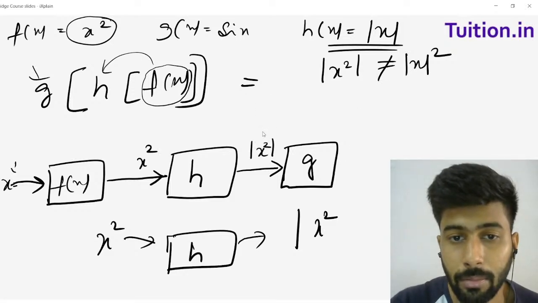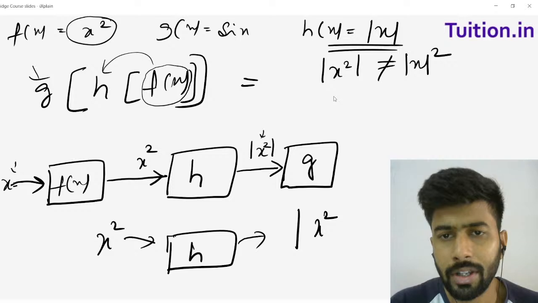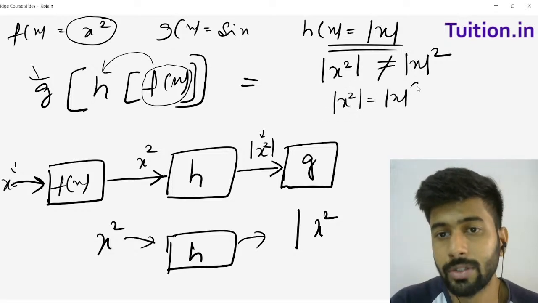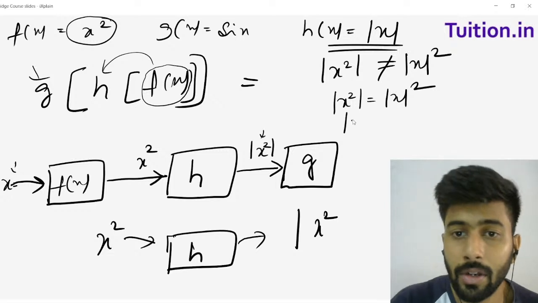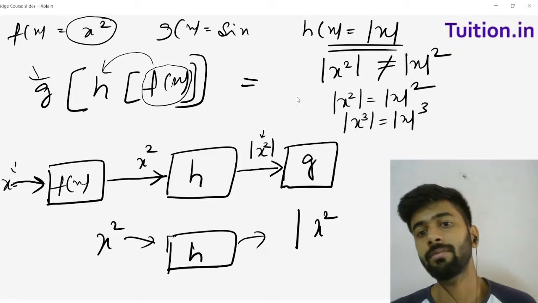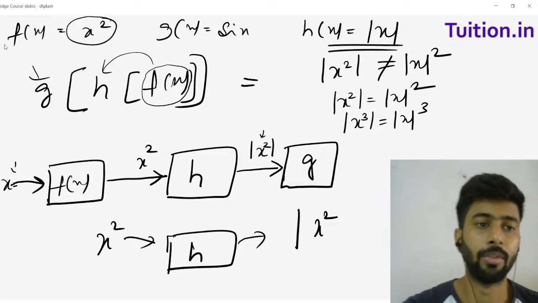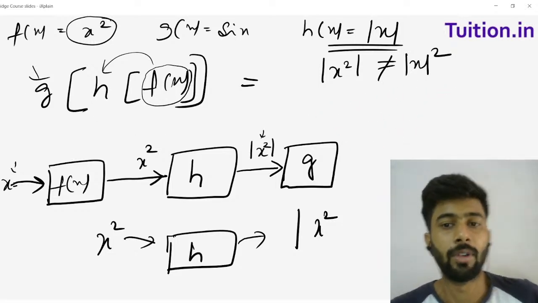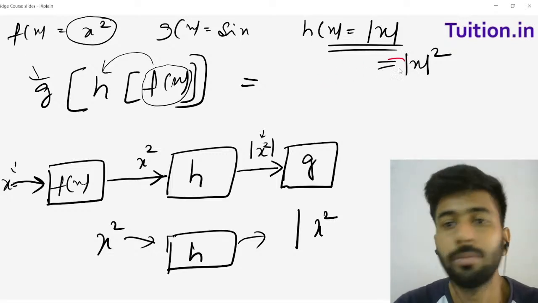Obviously modulus has this property, mod x square is equal to mod x whole square, you can say that, but you can't say mod of x cube equal to mod x whole cube, or maybe you can do that also. I'm not sure. Maths can get tricky. It's always safe to assume that they are not equal.